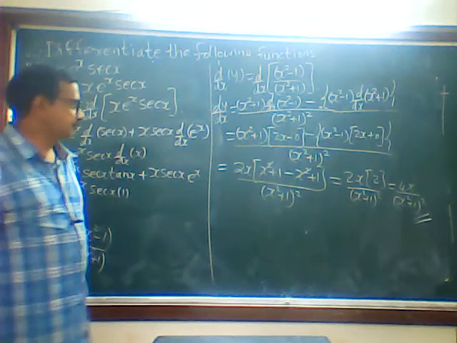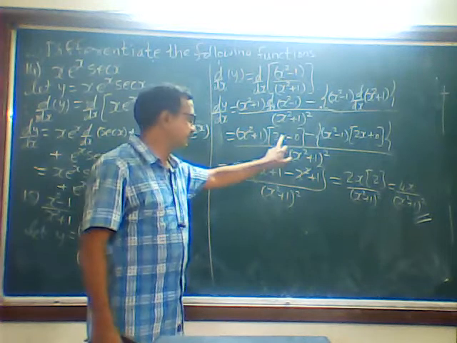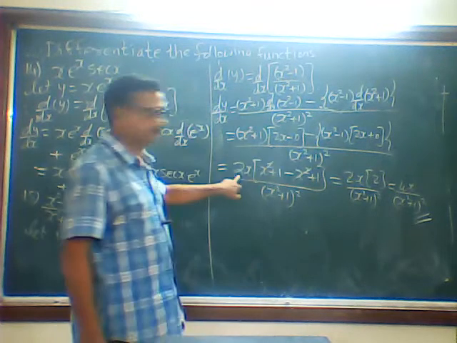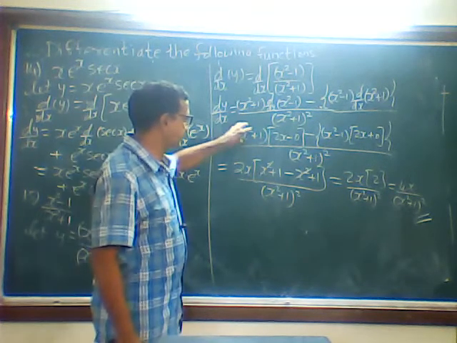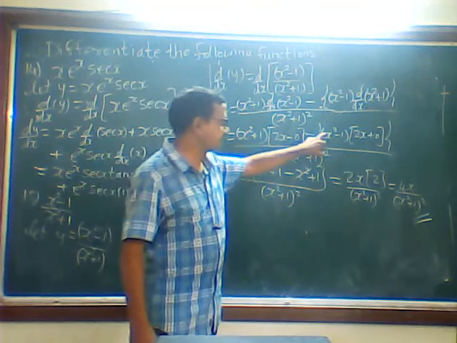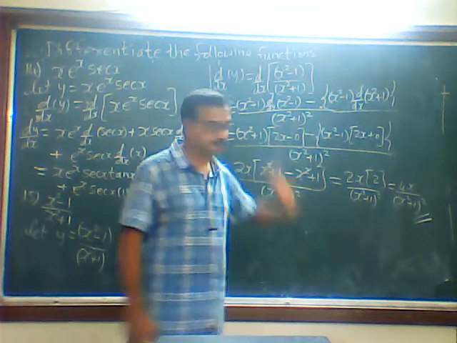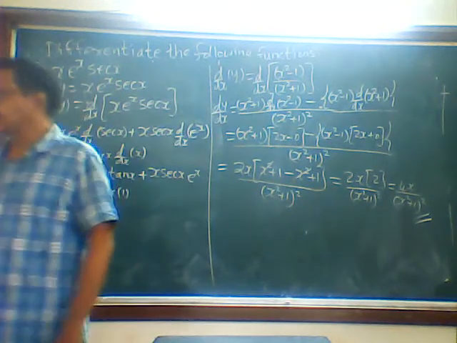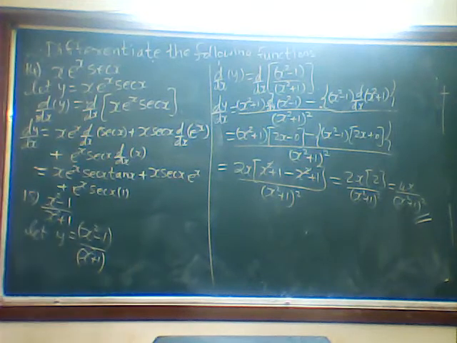Got it? Instead of multiplying individually, what I did, I took 2x common. Then I opened this bracket: x square plus 1 minus x square, minus of minus plus 1. Got it? Okay? You can go through it. Then we will continue. This is u by v method.